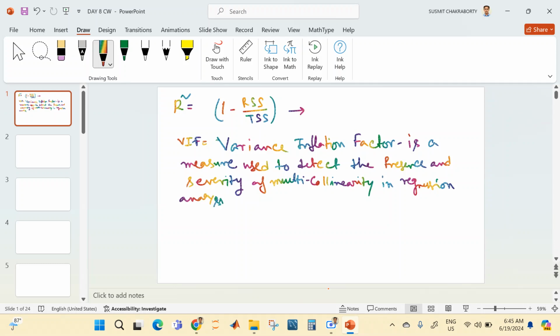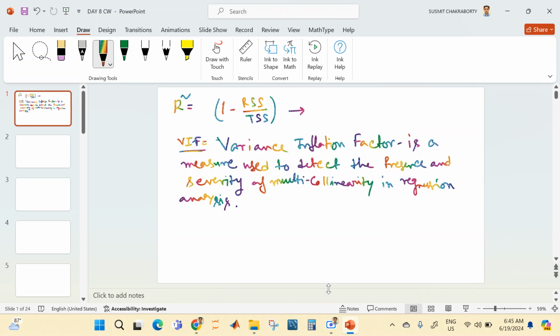Remember, VIF is specially an evaluation metric that is used to detect whether multicollinearity is present or not. If there is any multicollinearity present, then the VIF value tells that.